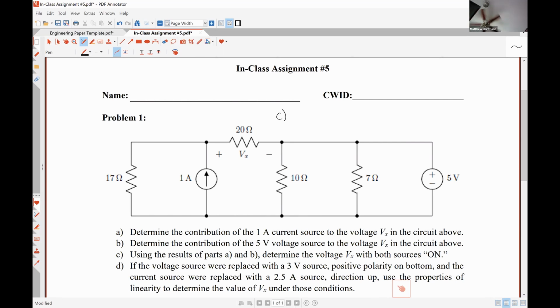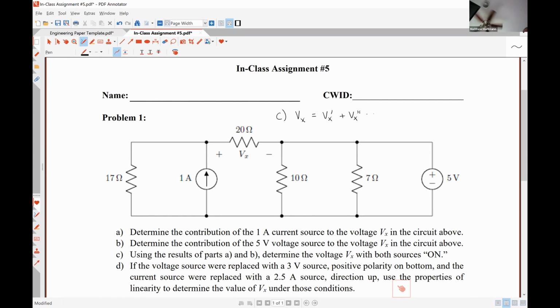So part C tells us that Vx, the voltage drop over the 20 ohm resistor with both sources on, is going to be Vx prime, the voltage drop over the 20 ohm resistor with the current source on and the voltage source off, plus Vx double prime, the voltage drop over the 20 ohm resistor with the voltage source on and the current source off.